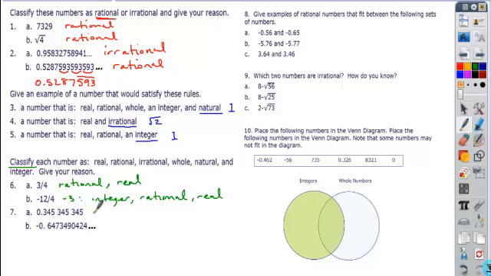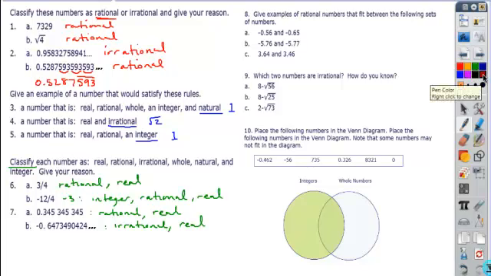Based on that, the most specific classification is rational, which means it also extends out to reals. What about B? The dot, dot, dot, is there a pattern there that repeats? No, so most specifically it is irrational, which also means it's real.